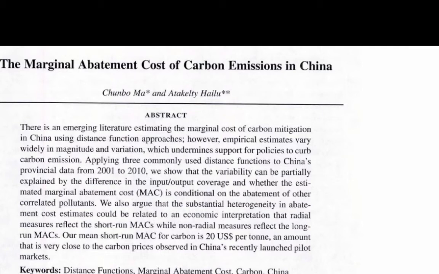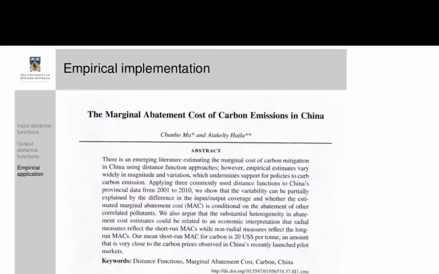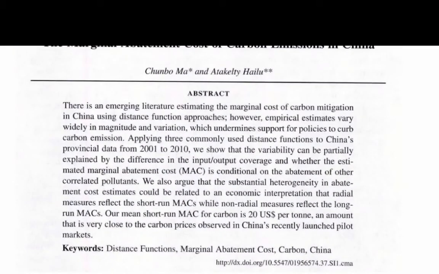So it's a good empirical application that you could look at as an example. But we have also looked at the example from my work on the Canadian pulp and paper industry. That's another example, which uses mathematical programming. There are many other examples in the literature, so there is plenty of examples to look at.